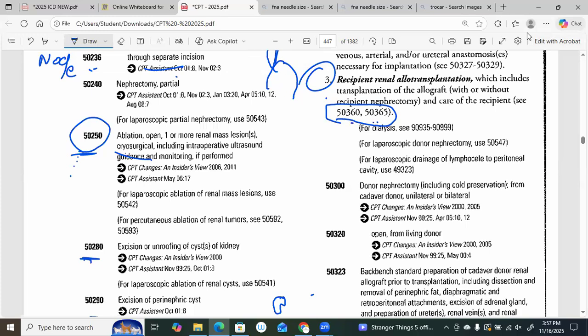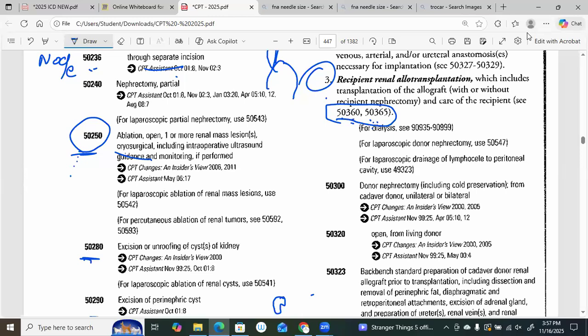These two codes are based on whether we have to remove the kidney now or we don't need to remove the kidney. If we have to remove the kidney, we are going to bill 50365, the already placed kidney. If it does not need to remove the kidney, then our code should be 50360.